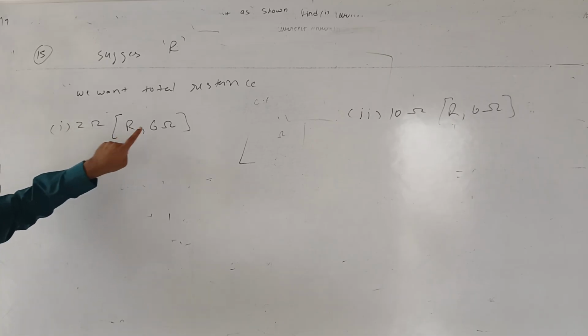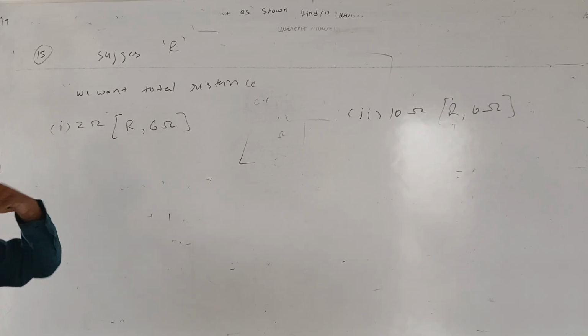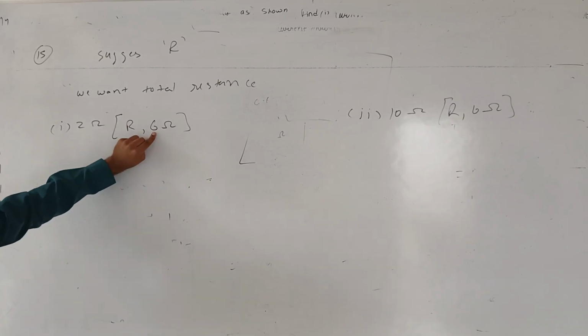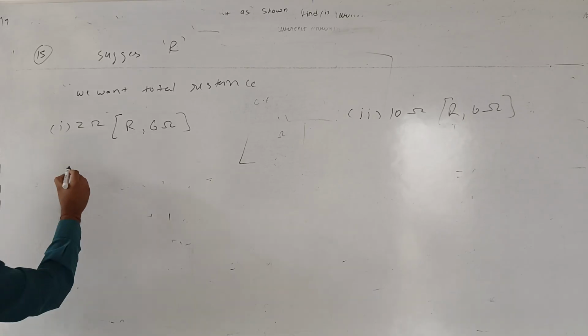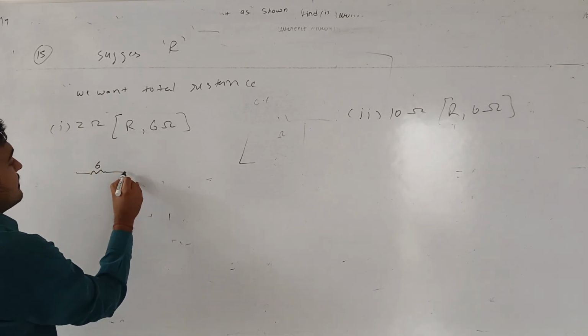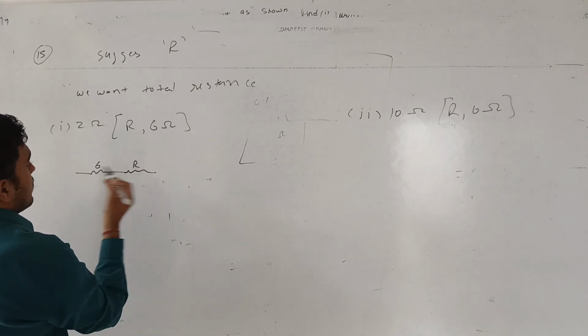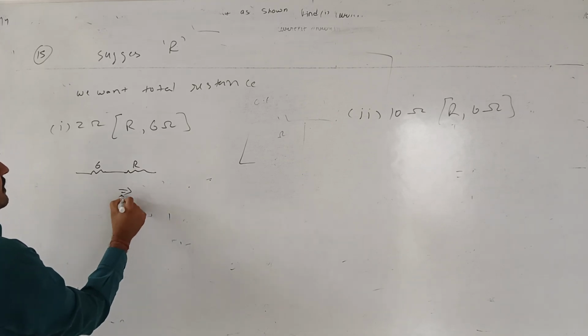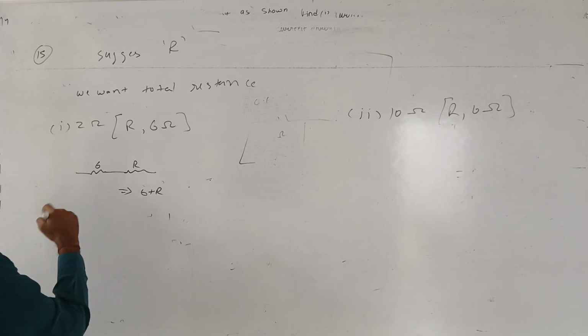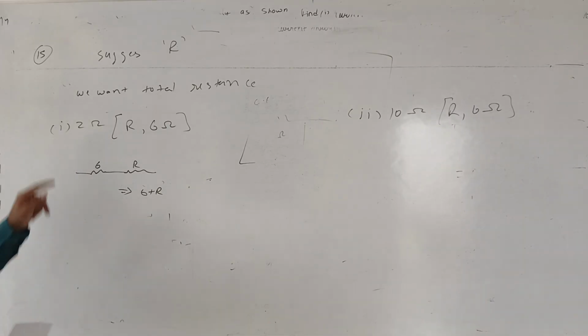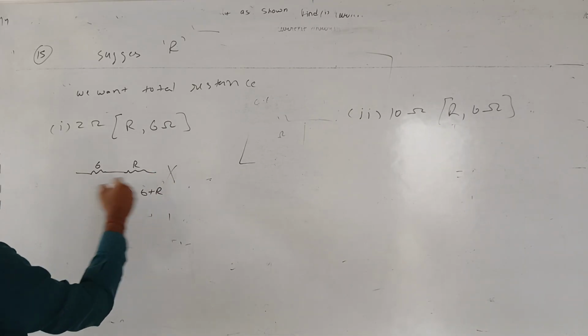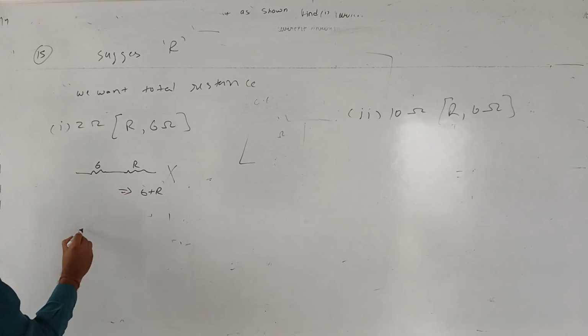If we attach any other resistance R in series with the 6 ohm resistance, the resultant will be 6 plus R. But we want a resultant of 2, which is less than 6. So we cannot attach it in series, we have to attach it in a parallel combination.